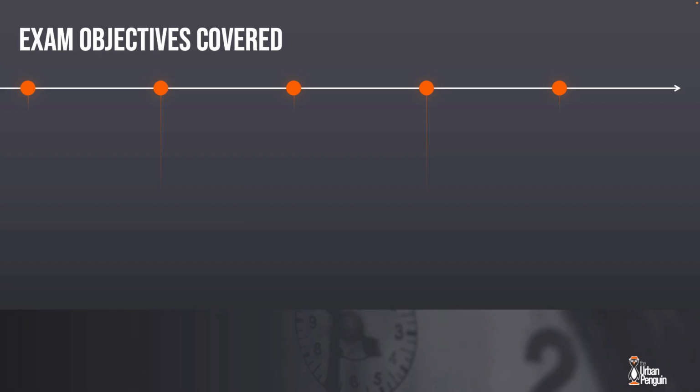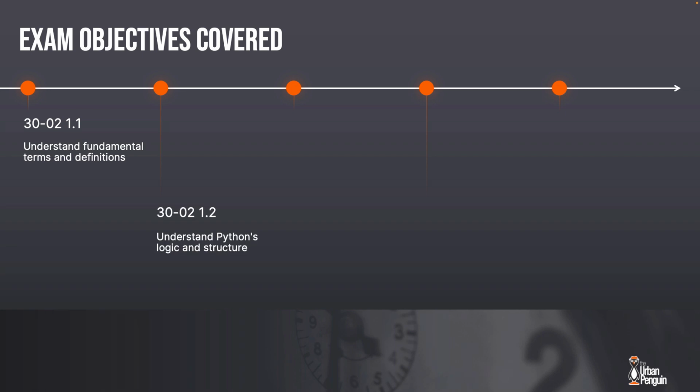The exam objectives that we're going to be taking a look at include understanding fundamental terms and definitions. We can see the exam number 30-02, and then we're looking at objective 1.1. When we look at objective 1.2, we need to understand Python's logic and structure.